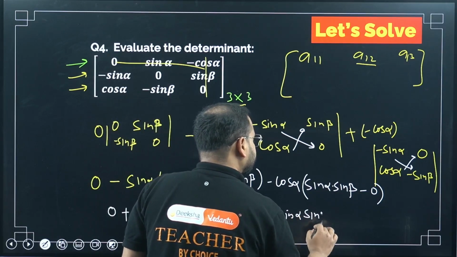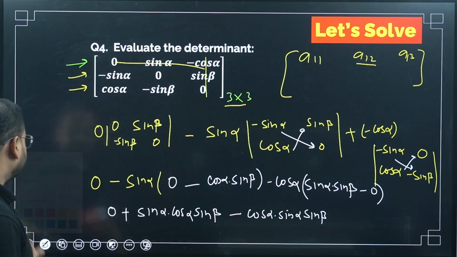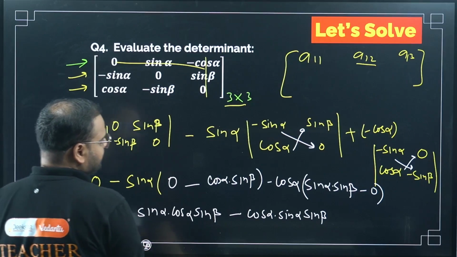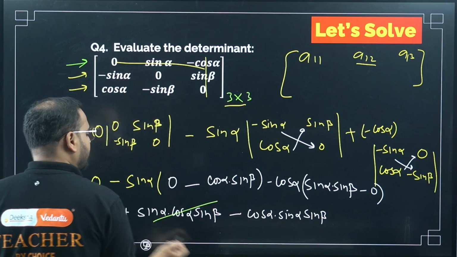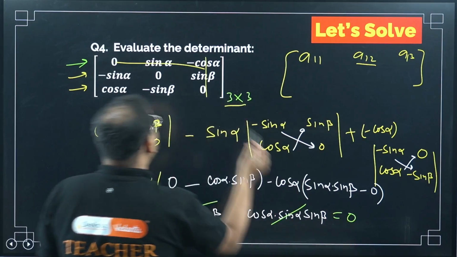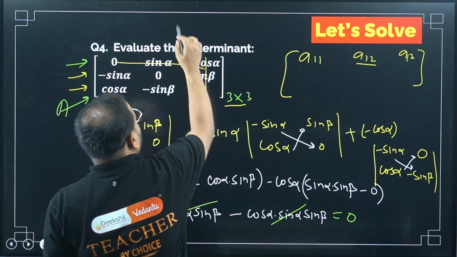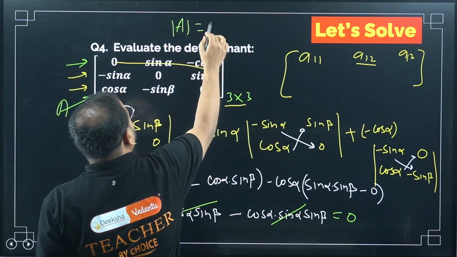Sine beta. This is 0, so I don't have to multiply there, simply 0. Now check here. Sine alpha cos alpha sine beta, plus and minus cancels out. What is the answer? 0. So for the given determinant, if I take this to be determinant A, what is the answer? Determinant of A is simply 0.